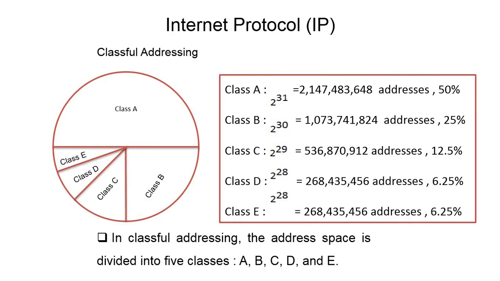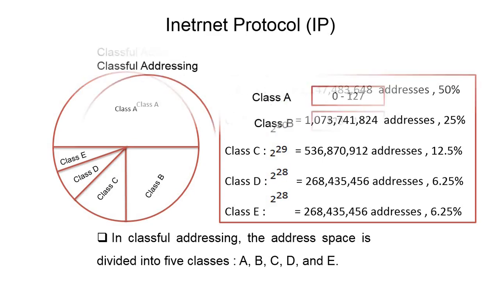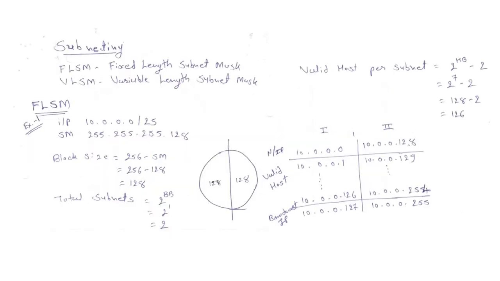In terms of internet protocol, we have discussed classful addressing and classless addressing, as well as various numerical examples of subnetting. A few categories of subnetting are fixed length subnet mask and variable length subnet mask.